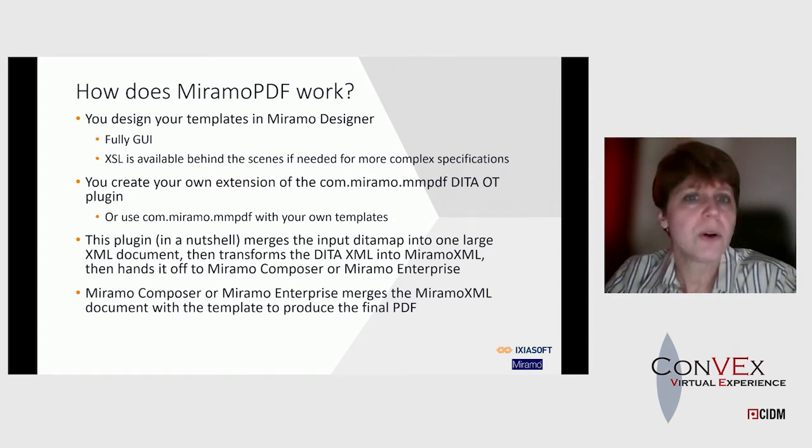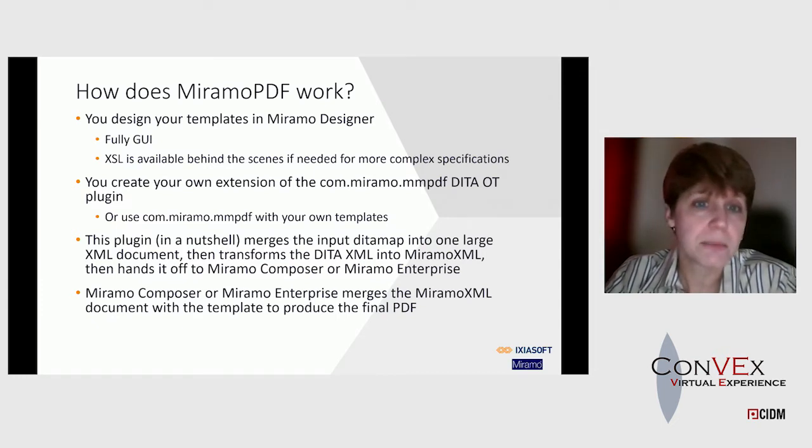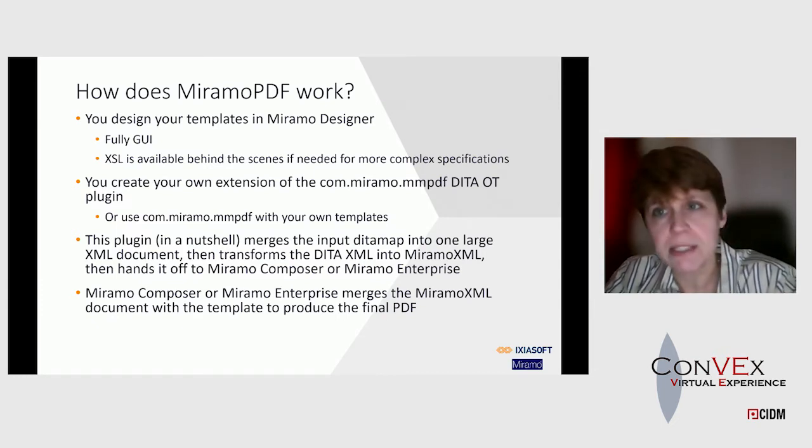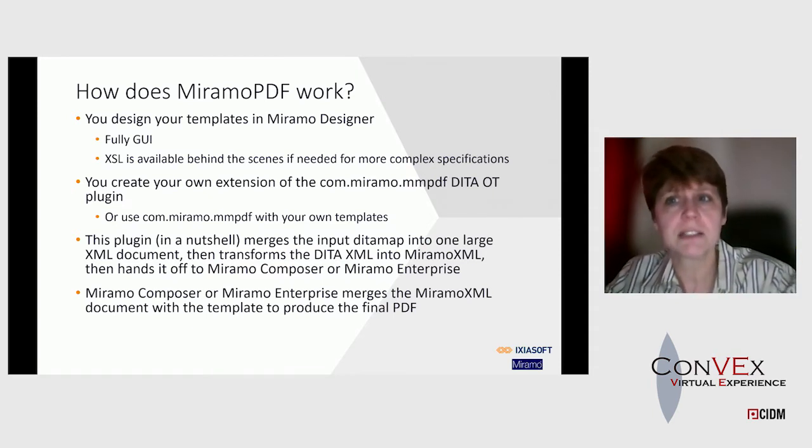So you create your own extension of the Miramo PDF plugin, or you can use the out-of-the-box plugin with your own templates. So that's another nice mix and match advantage. So for example, if I need to change the look and feel of an XSLFO based template, I have to create my own extension of that PDF2 plugin.